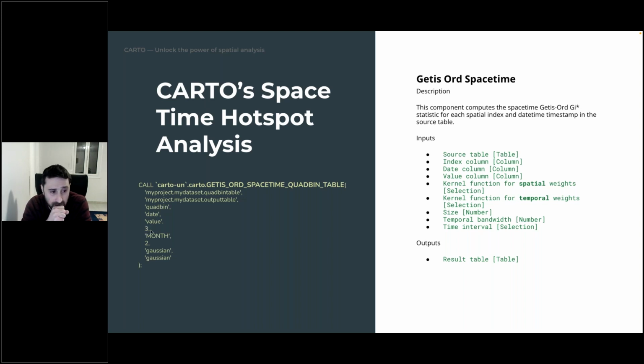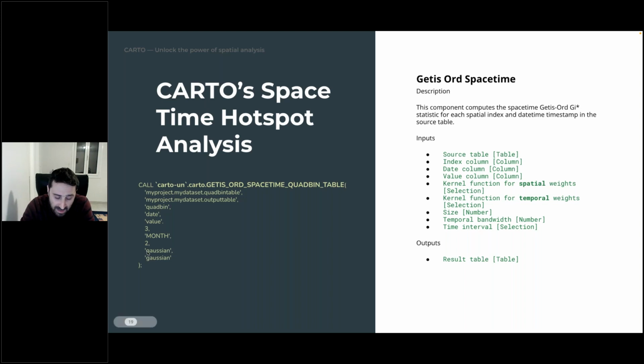Then there is the neighborhood, so how many layers outside you want to be considered as neighbors, and the time frequency. In this particular case, we have month, and we want to consider the two past months as an indicator. We also use a kernel, like a decay function.